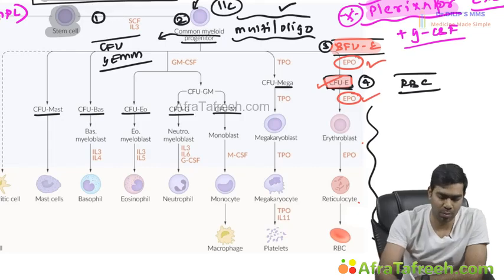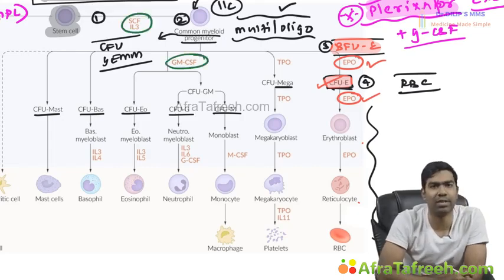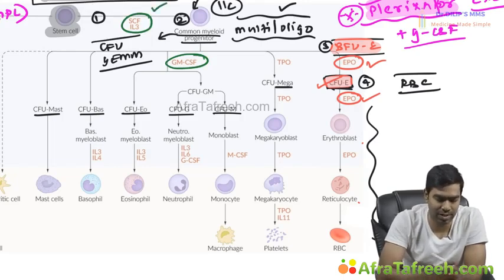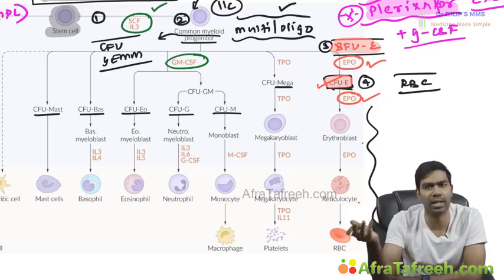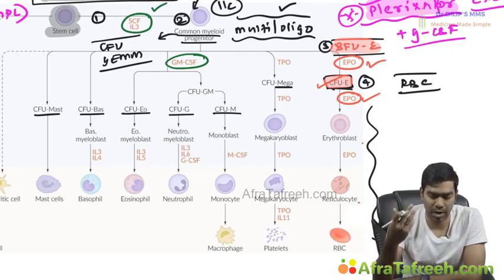Apart from that, to commit into the erythroid lineage, you need a lot of things apart from erythropoietin. You will need GM-CSF, SCF and IL-3 also, because SCF and IL-3 are important not only for erythroid lineage cells but also for many other lineages like monocyte, macrophage, other myeloid lineage cells and megakaryocyte.